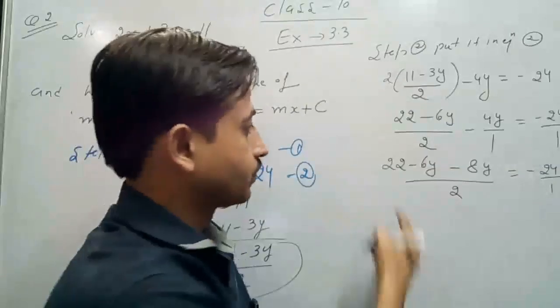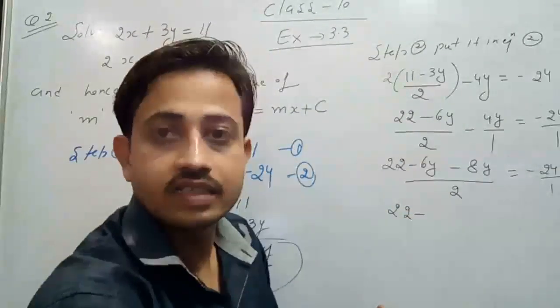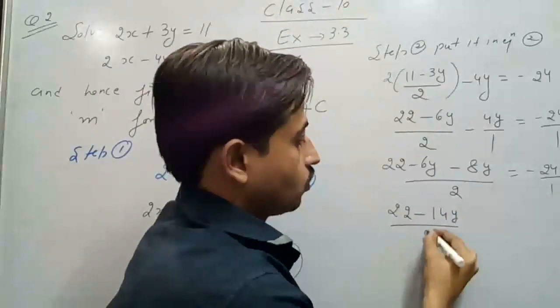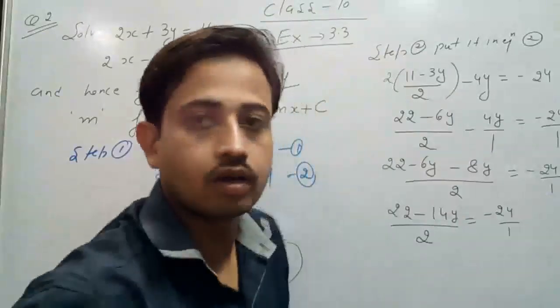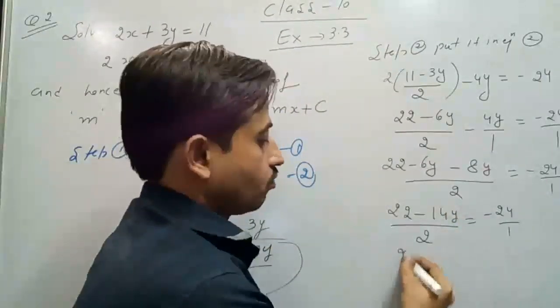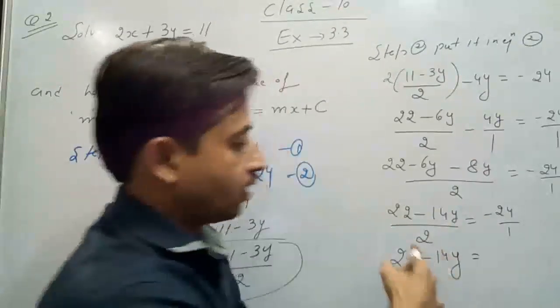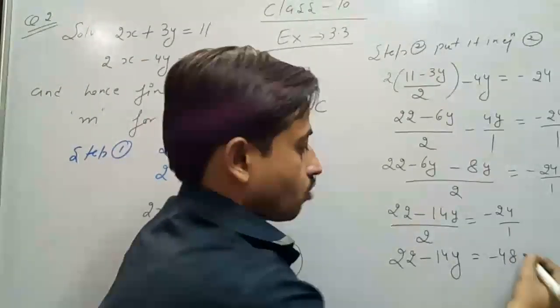Now simplify it. 22 minus 6y and minus 8y is minus 14y, divided by 2, which is equal to minus 24 divided by 1. Now do cross multiplication: 1 into this we get the same term, 22 minus 14y, and 24 into 2 we get minus 48.